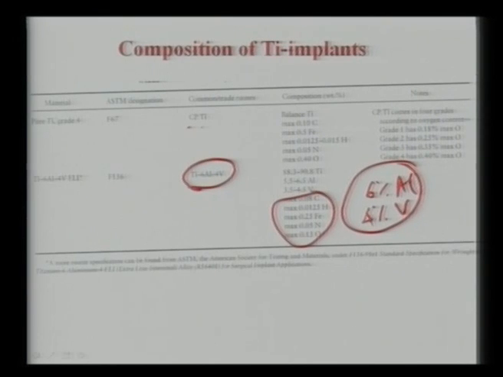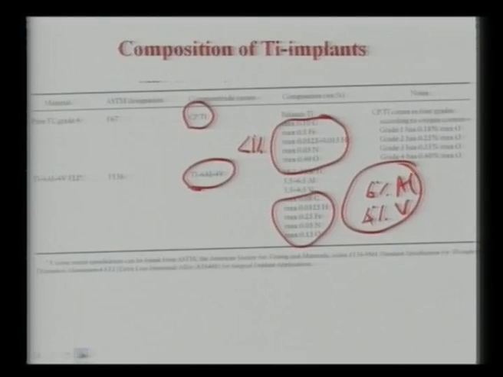The other one is commercially pure titanium. Here all the alloying elements in combination are less than 1%, so it has 99% purity titanium, which is called commercially pure titanium.